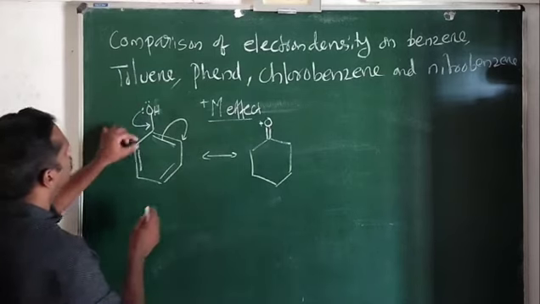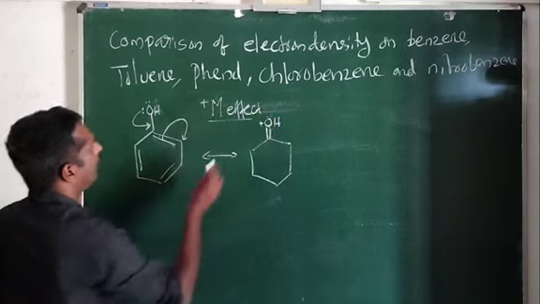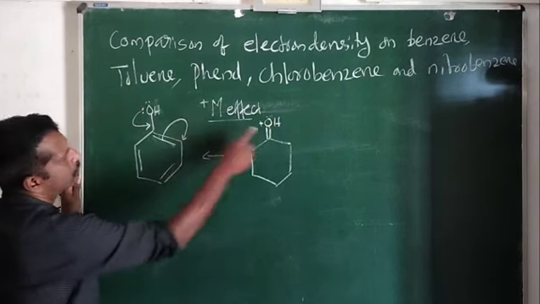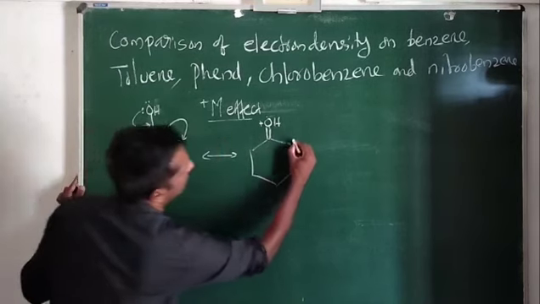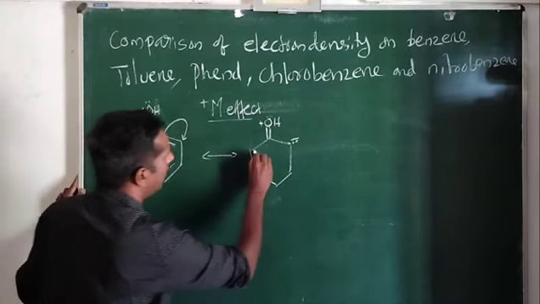Here it is OH. Now this pi electron is shifted to this carbon, that means it is a pair of electrons, and of course it will have a negative charge.